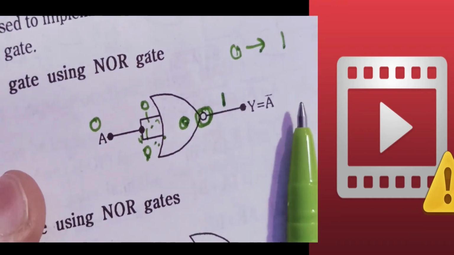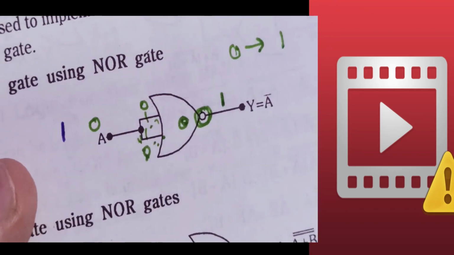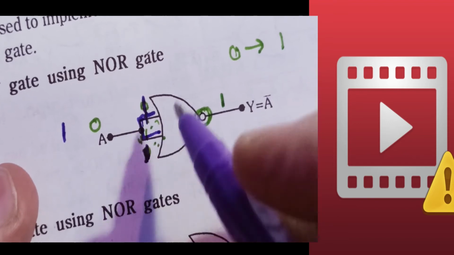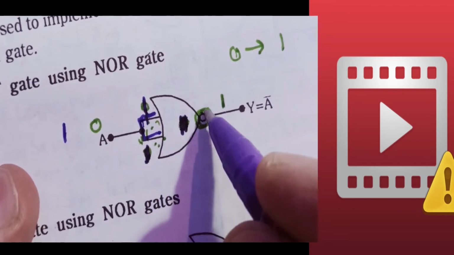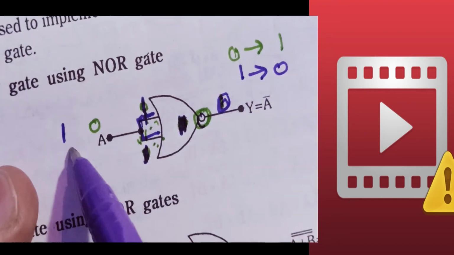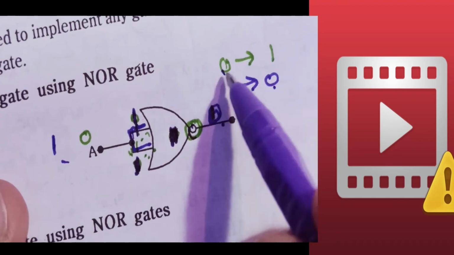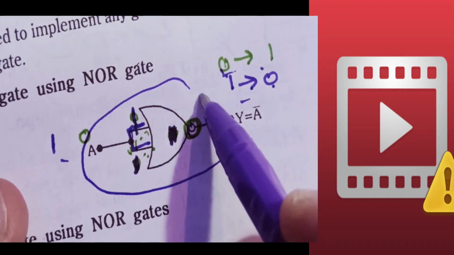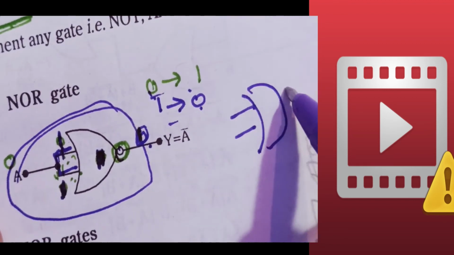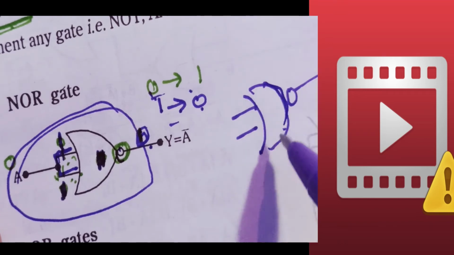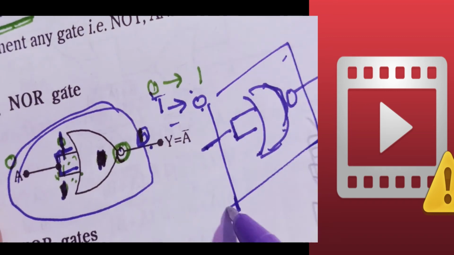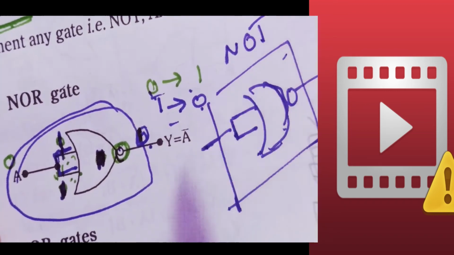Now, if I give 1, that means this line is at 1, this line is at 1, OR gives 1, NOT gives 0. So this is a NOT gate. Meaning if you have a NOR gate with inputs connected together, it acts like a NOT gate.